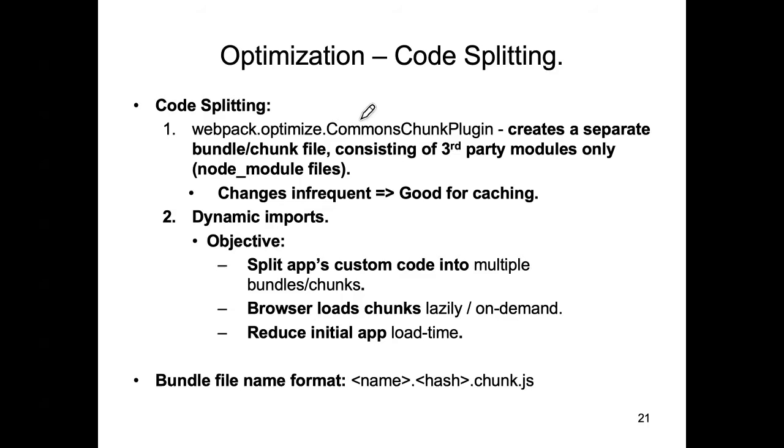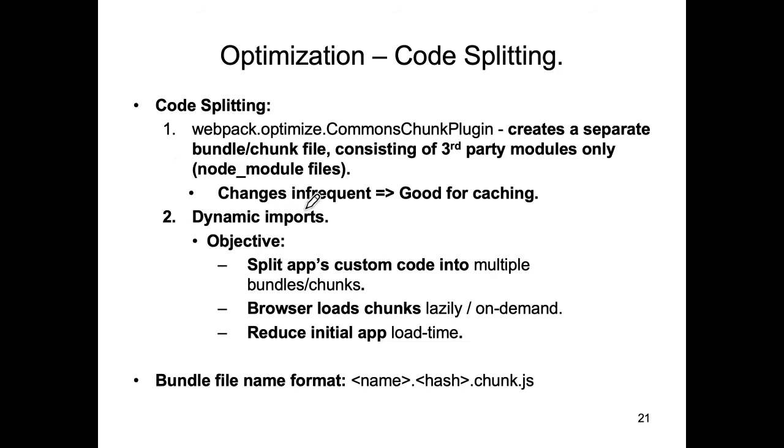Out of the box, the Create React App tool using Webpack will use this plugin to guarantee that the JavaScript code that makes up your web application will be split into two bundles or two chunks, as I outlined a moment ago. You get that automatically. But what you can do then is increase the number of bundles that are created by implementing what are called dynamic imports, and that's really where I want to focus today.